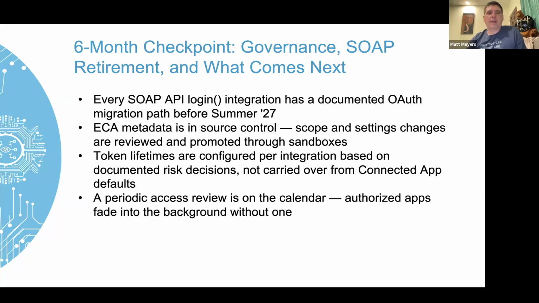They're probably still using the SOAP API and the login method. I'm sure there are apps I wrote 10 or 15 years ago, with SOAP API username and password login, that are still running in organizations I was at. We used to think that was a good idea until we knew better. But start doing those audits now, to catalog and inventory which ones still use that, so you can create a migration plan.